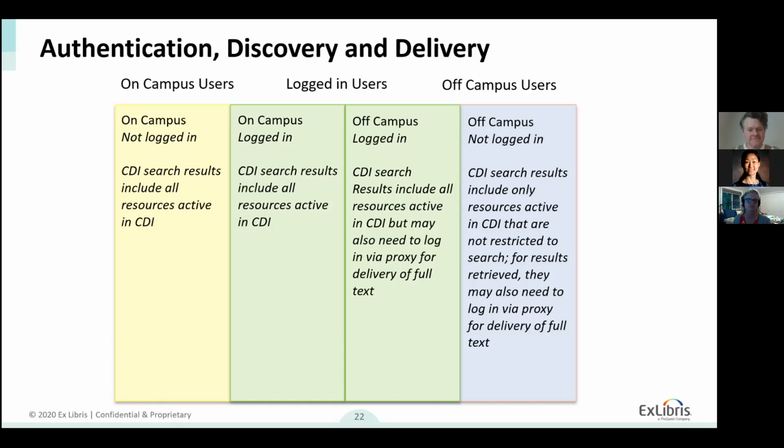And if you're off campus, not logged in, the results only include resources that are activated in the CDI that are not restricted for search. And then you're also probably going to need the proxy for full text delivery, depending on settings at that service level.